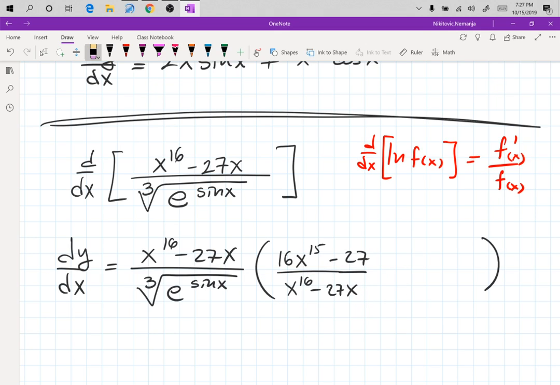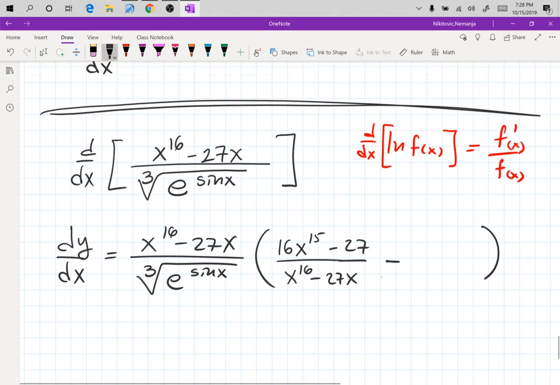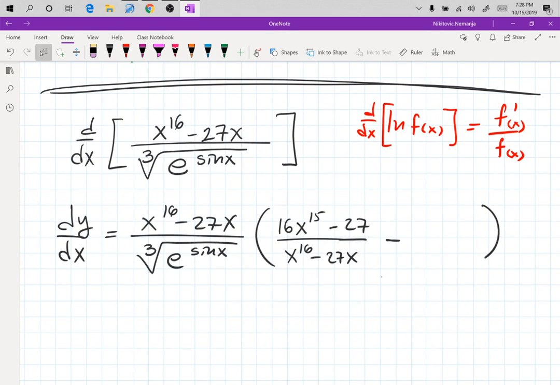Now, the second term is tricky because of the e, but that's okay. You have a minus sign because this one is in denominator. Any term that is in denominator is always minus. Now, observe what I have here. I have 1/3 exponent, but I also have sine x. So technically, this is sine x over 3 as the exponent of e.